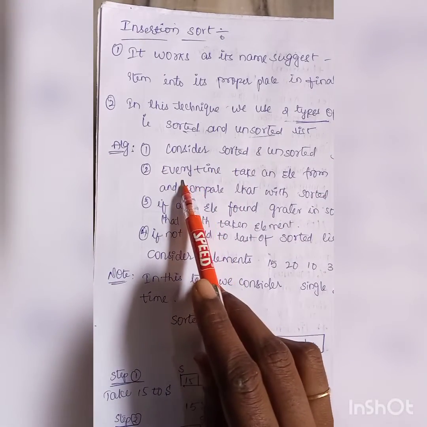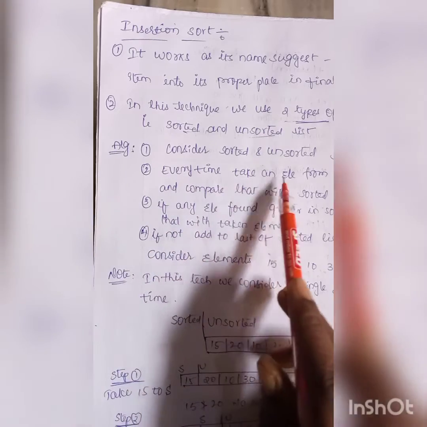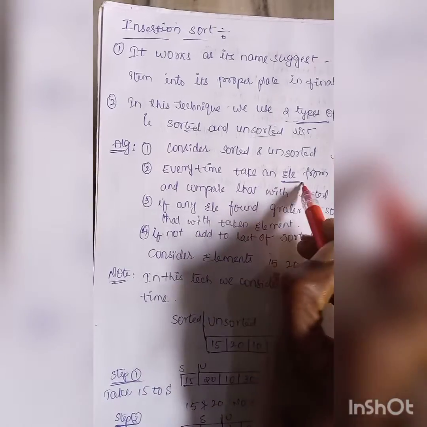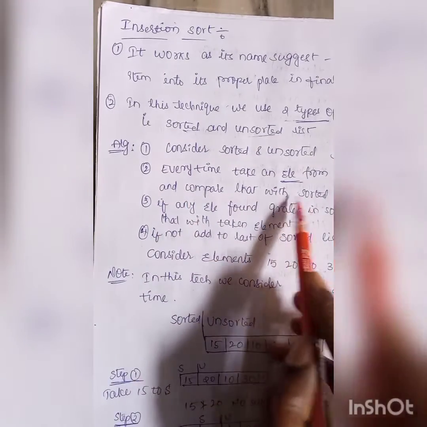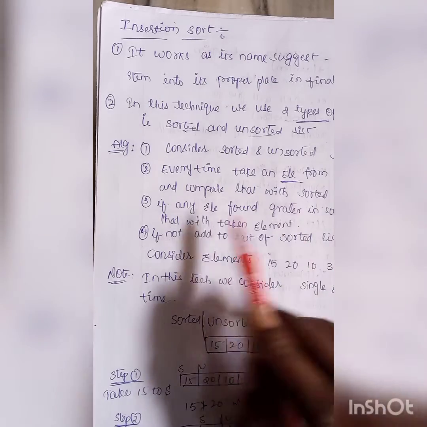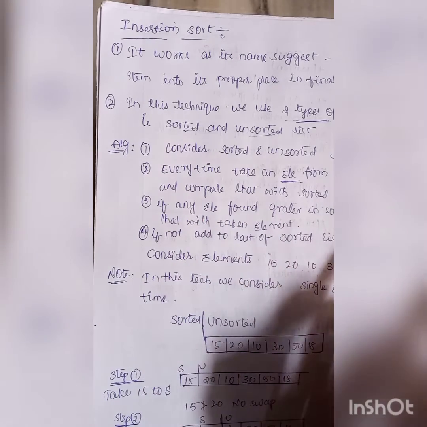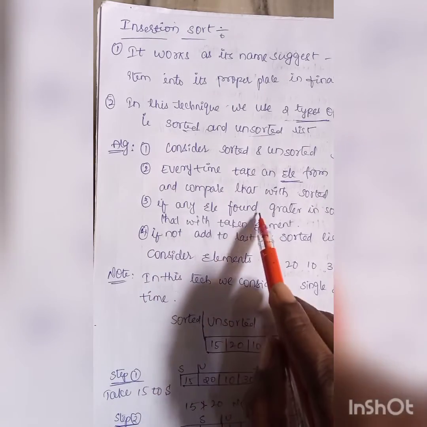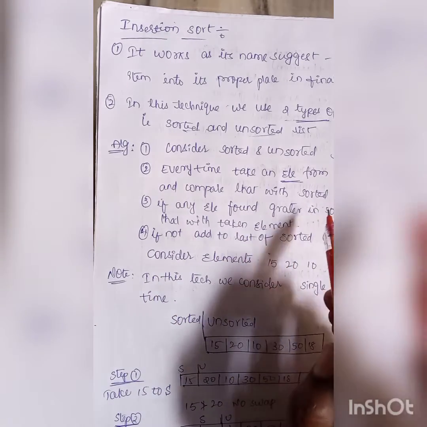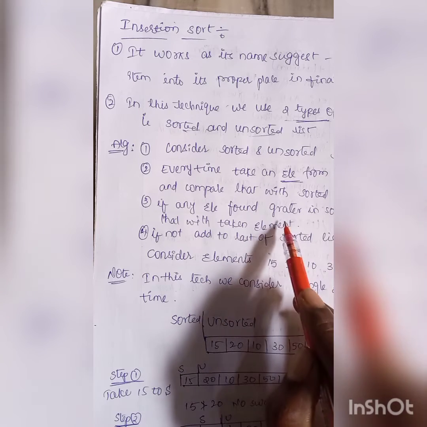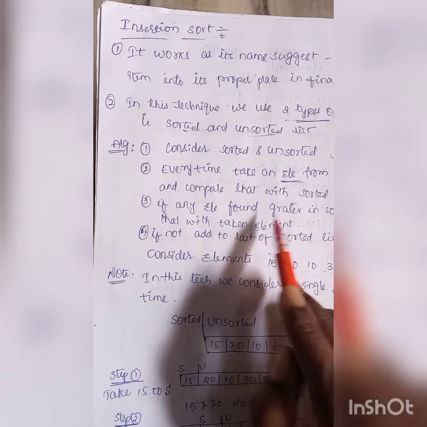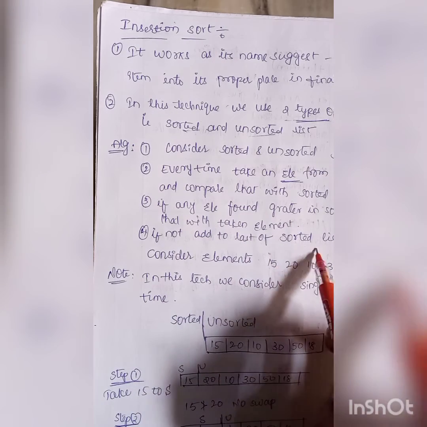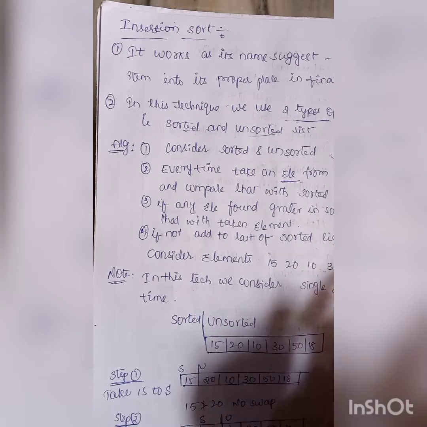The second step, every time take an element from the unsorted part, only one element, and compare that with the sorted part elements. If the element found is greater than the taken element, then swap. That means if the value you are taking from the unsorted list is smaller than the available elements in the sorted part, then you must swap. If not, add that element to the last of the sorted list and repeat these steps.